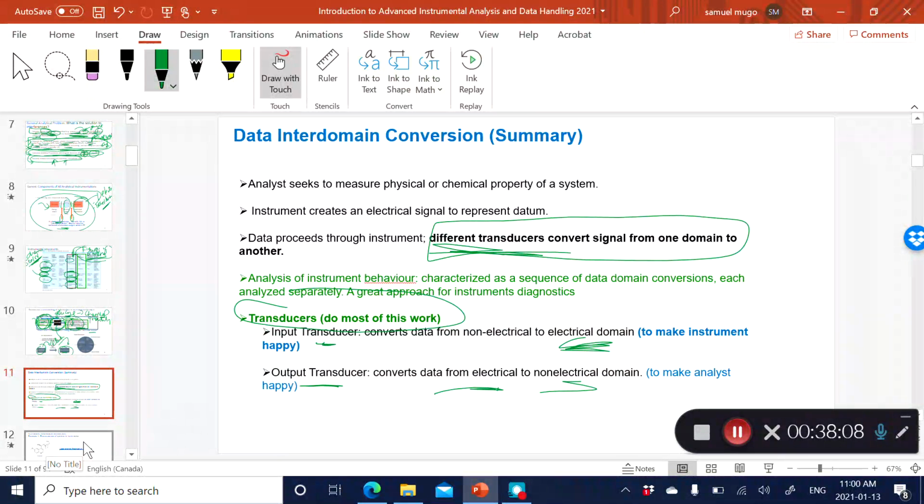And so in the next chapter, or lecture, I'm going to give you a couple of examples of how the different instruments convert all this information between the non-electrical and electrical domains within the instrument.